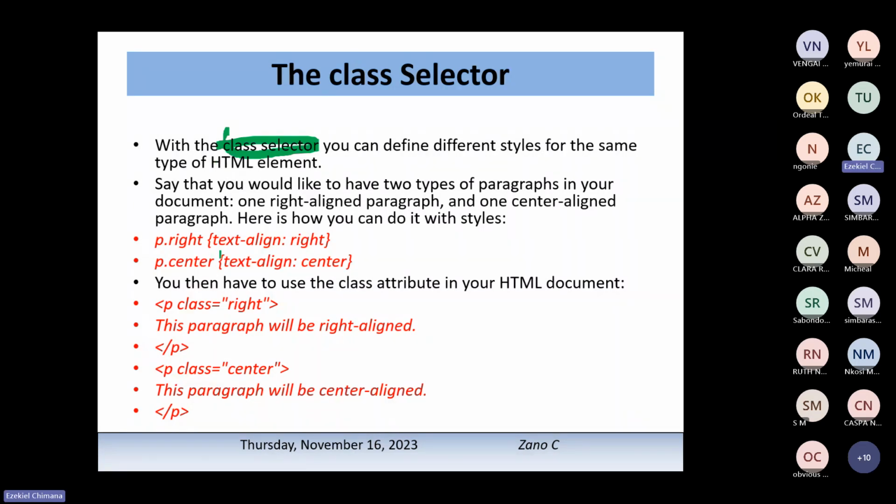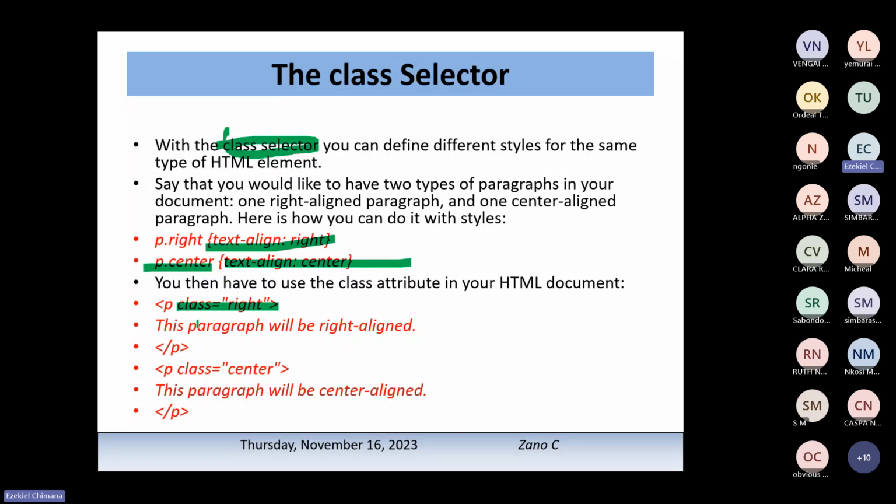Styles p.right, and then you can also do p.center, and then you put the text-align there. You then have to use the class attribute in your HTML element as class. So normally you can actually omit this p and just say .right, .center without putting this p.